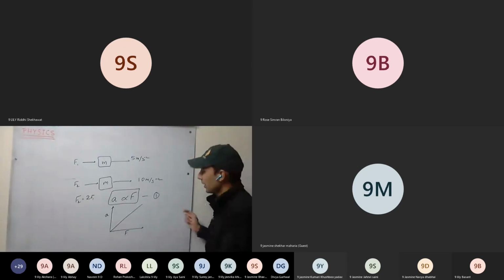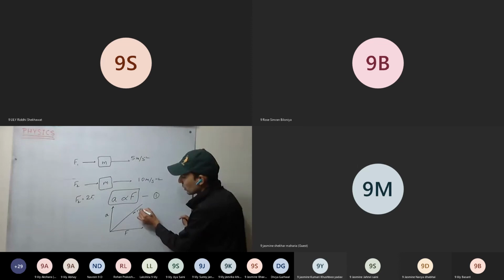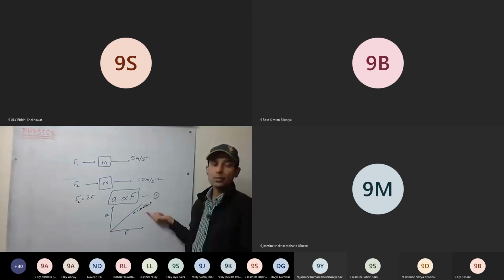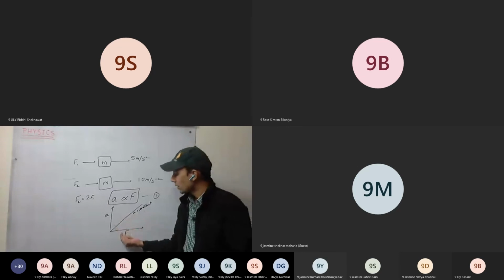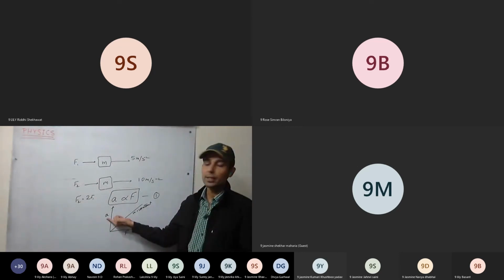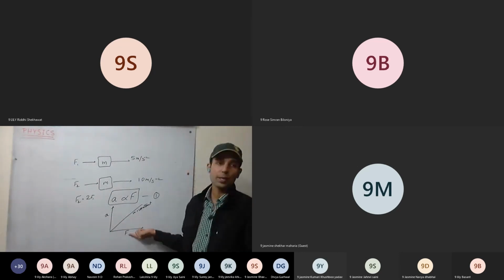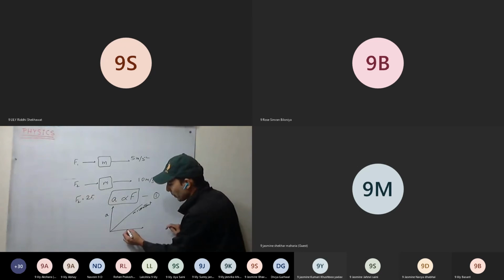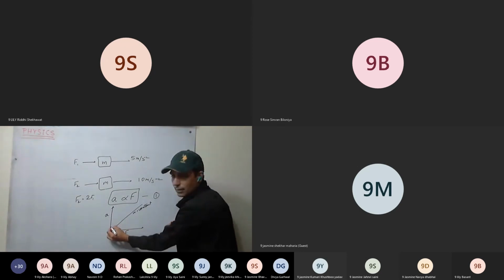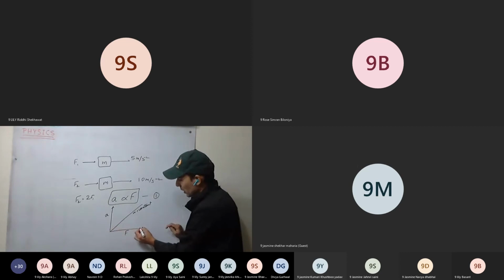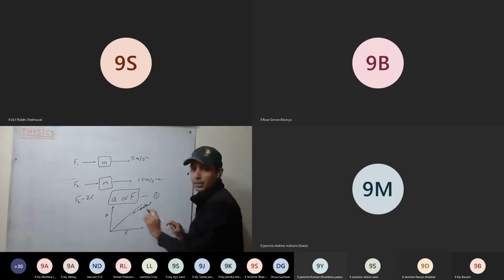A straight line we are getting, and here m is constant, the mass of the body is constant. For a given mass of a body, the acceleration produced is directly proportional to the force applied on it. More force, more acceleration; less force, less acceleration.